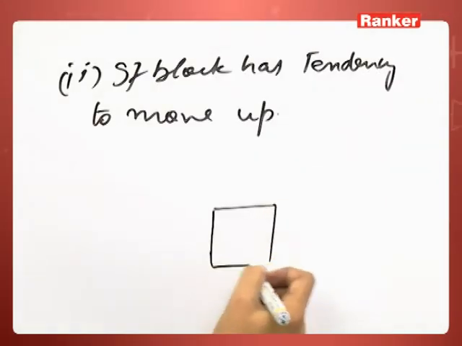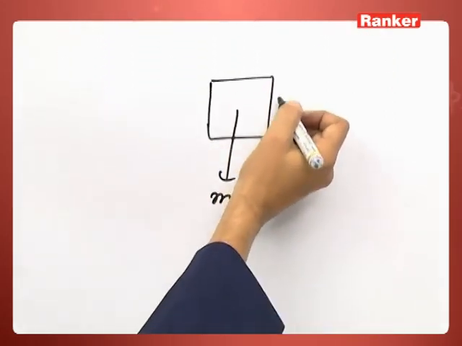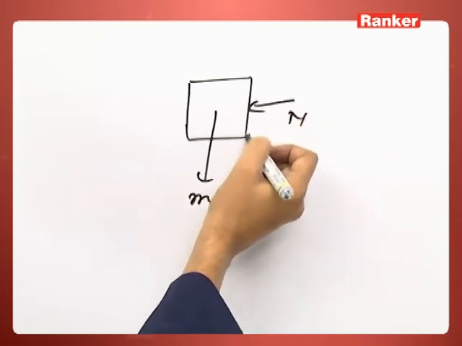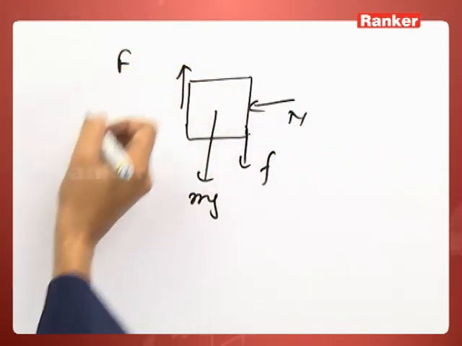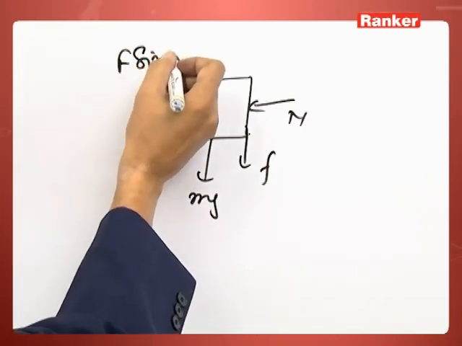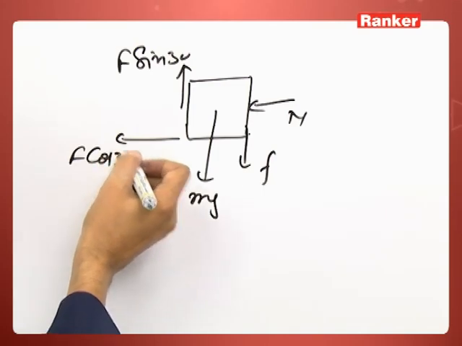Then if we are making the FBD, mg remains there, normal force will be there, but friction will be downside. Upward is F sin 30, that will remain there, and here F cos 30.